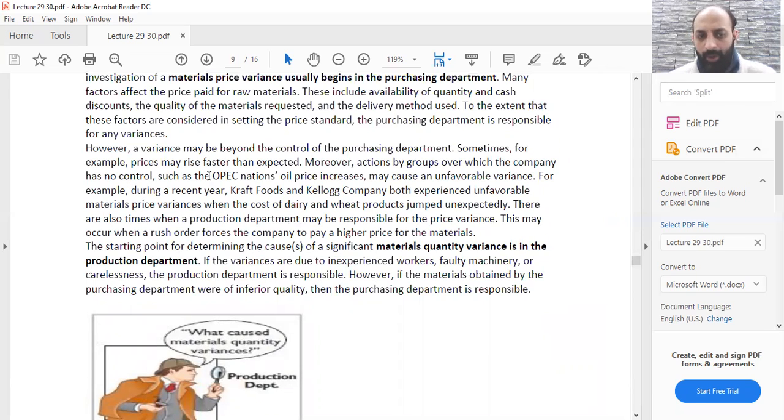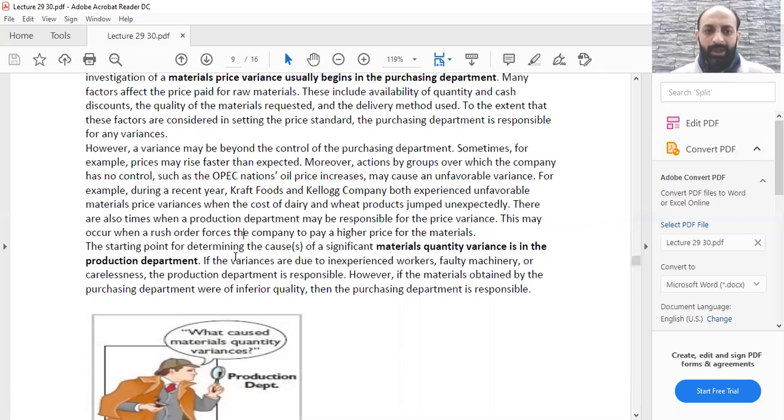For example, when you talk about oil, the prices of oil are set through OPEC countries. If your raw material is oil, a very important raw material, fuel, and suddenly its price goes up, now that is beyond the control of the purchasing department. So you always have to investigate in order to find out exactly what happened, and always make sure you investigate thoroughly before putting blame on any department or any manager.